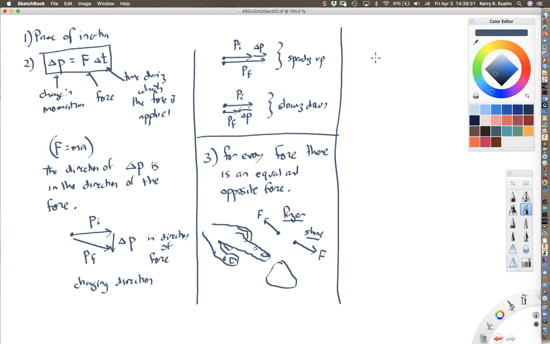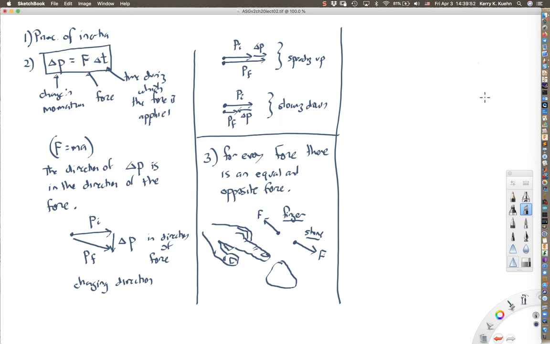Okay? And the nice thing to keep in mind is you can always figure out an action-reaction pair by simply exchanging the subject and the direct object in a sentence. You can just do this grammatically, basically. Let me get rid of these things to get them out of the way. So, if you say your finger pushes a stone, this is in the nominative case.